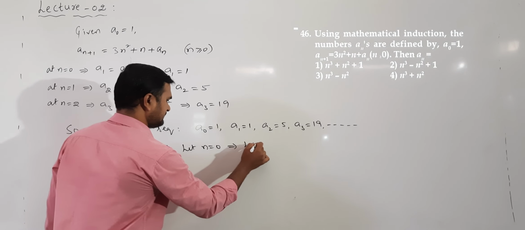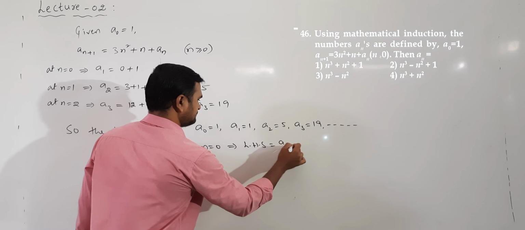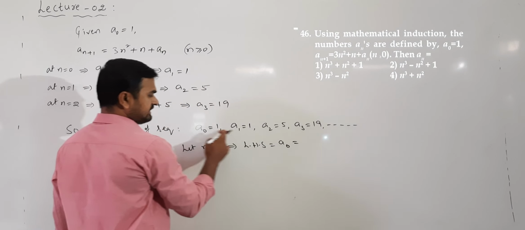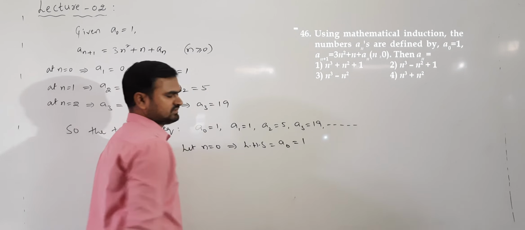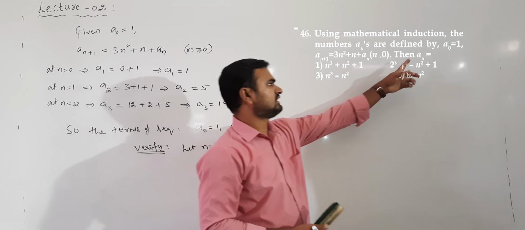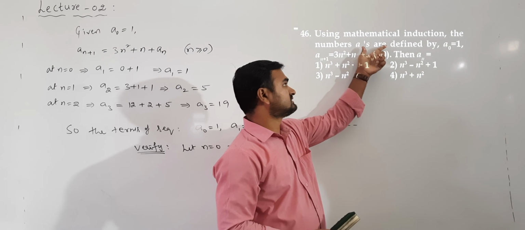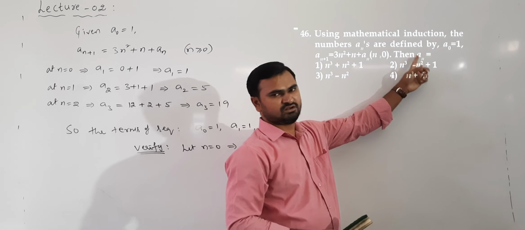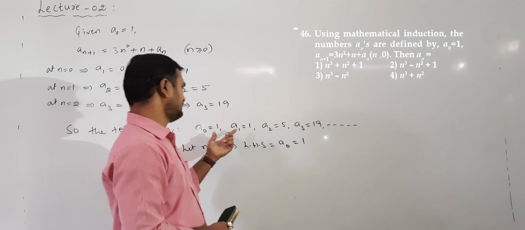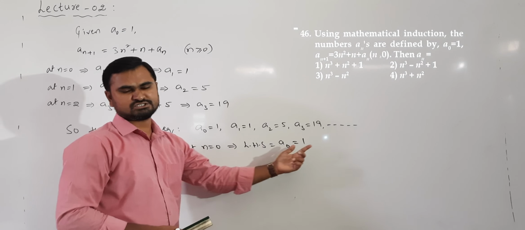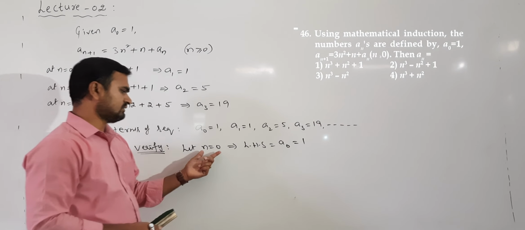So on the left hand side we have a0. Now we already know the a0 value is 1. So our answer should be 1 whenever we take n equal to 0.